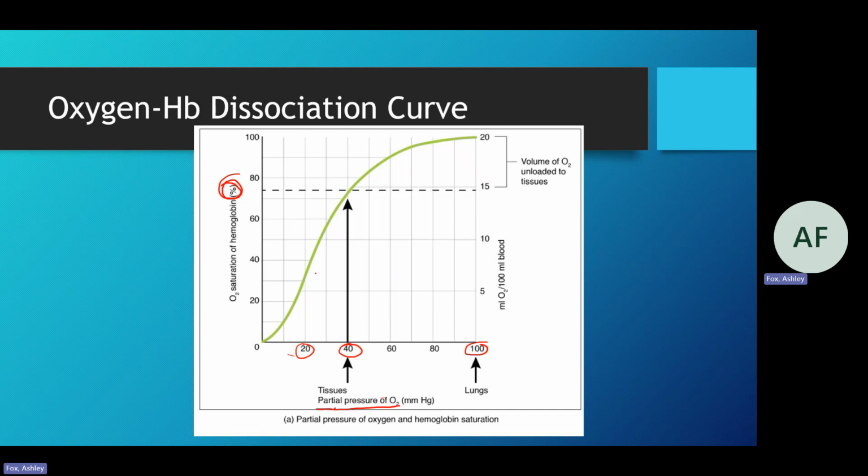Again, we don't really focus too much on this area because this is going to be our 2 different spots between the tissues and the lungs. At the tissues, again, about 75% is saturated, and at the lungs, 98%. We're almost at 100. This is going to be the difference of what is given to the tissues, unloaded, released from hemoglobin at a time.